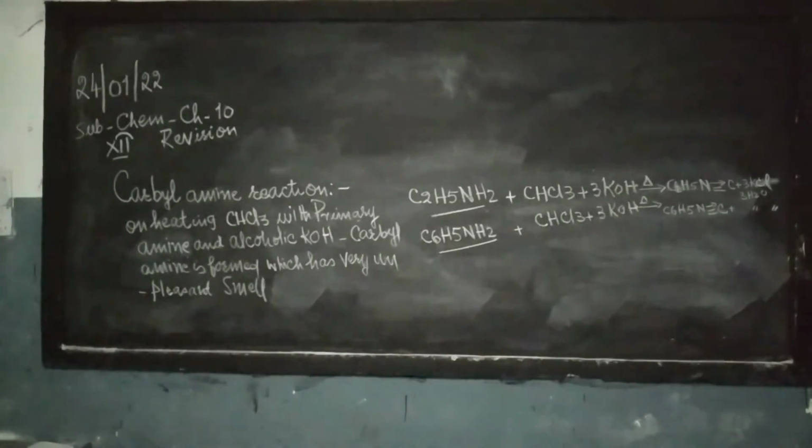In case of aromatic amine, it means aniline, the formula will be C6H5N, single coordinate bond, double covalent bond, C, plus 3KCl plus 3H2O.